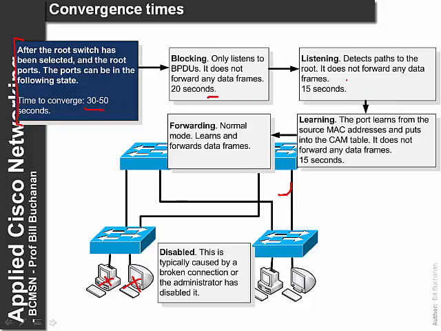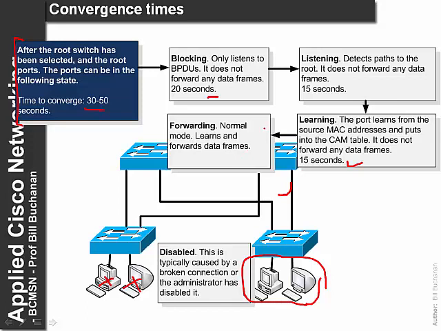After this, the ports go into a listening phase, but they only listen for paths that go to the root and do not forward any data frames. After this, the ports will go into a learning phase where they learn the MAC addresses of the nodes which are connected to themselves, but again they do not forward any data frames.